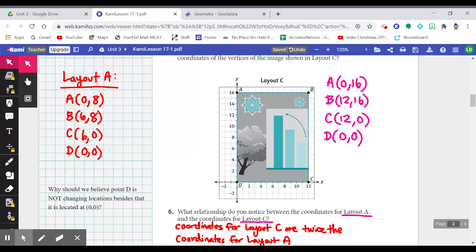Now B is located at 12, 16. So maybe we could say that we add 6 to our x value each time, right? Well, then we go back to A and say, well, 0 plus 6 is not 0. So again, when we write a function, you have to ask yourself, is every value obeying the rule?